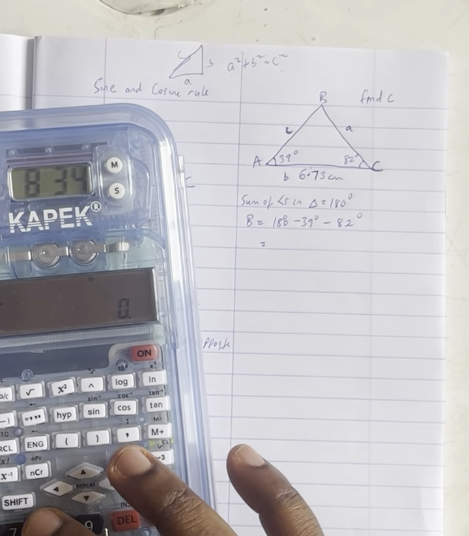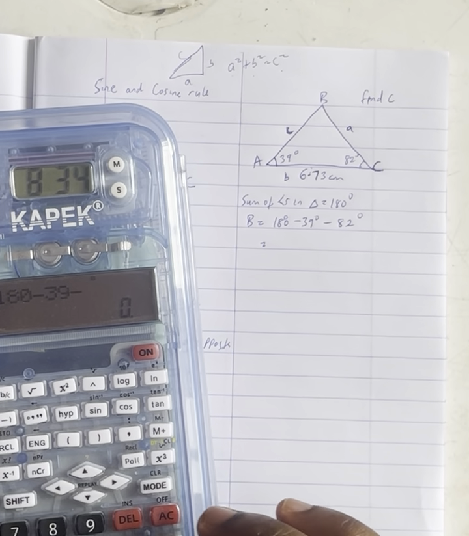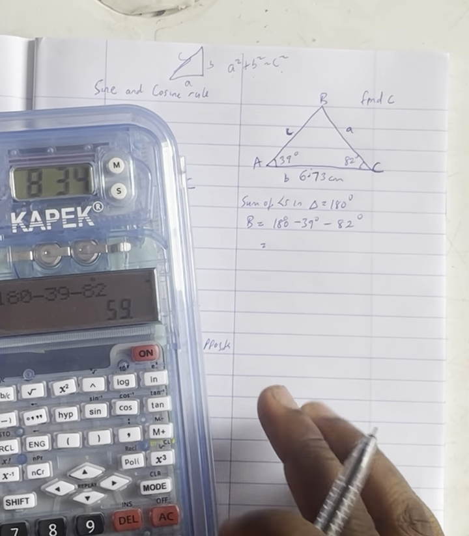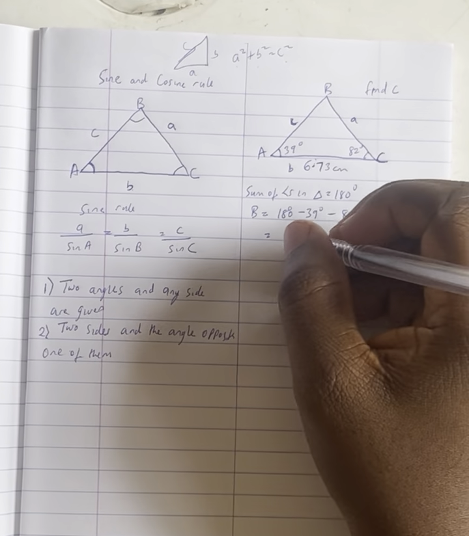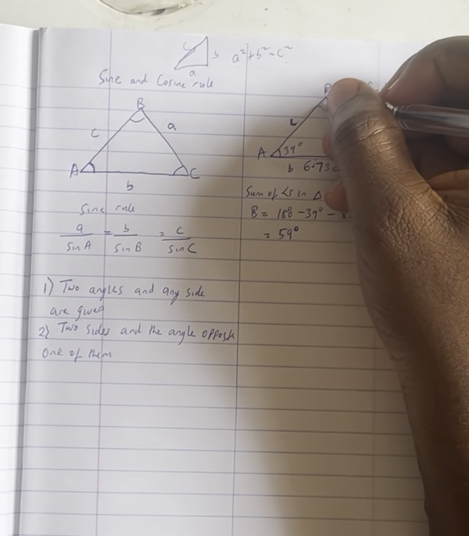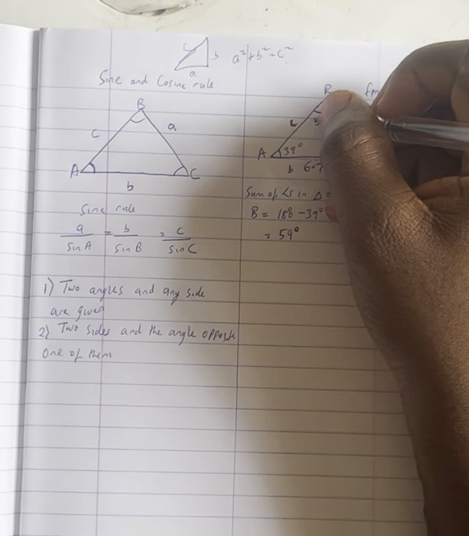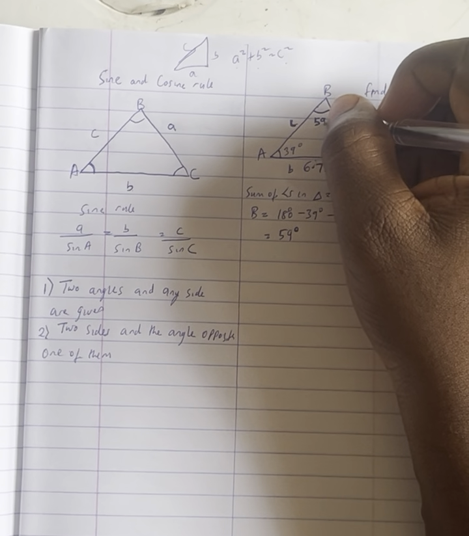So 180 minus 39 minus 82 will give us 59 degrees. So the angle here is 59 degrees.